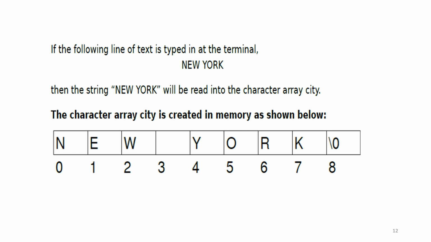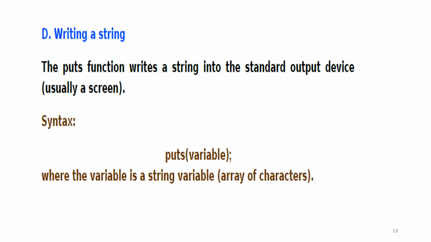The gets function appends the null character to the string. The puts function helps you to write the string you read via the gets function. The syntax of the puts function is puts, within the parenthesis the string variable.